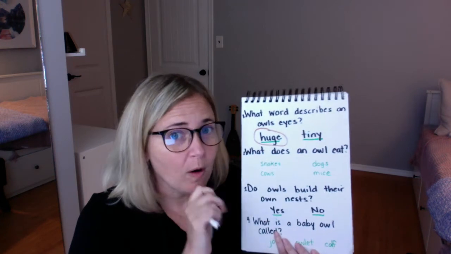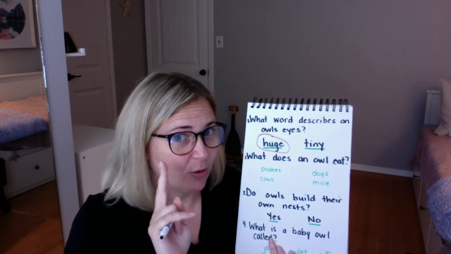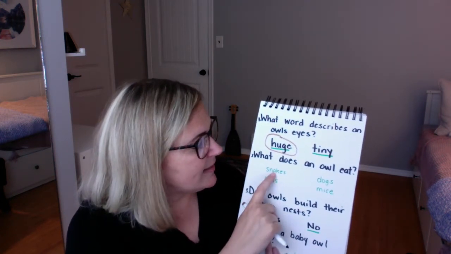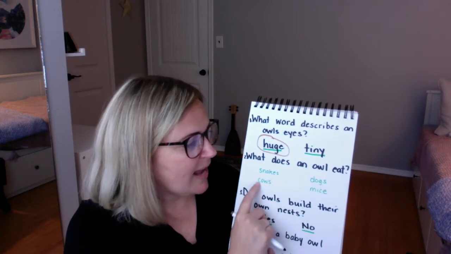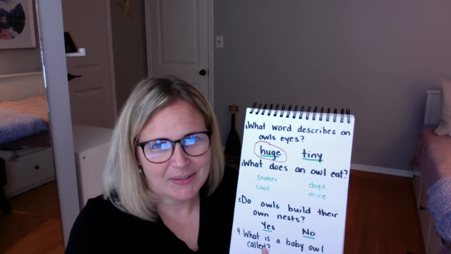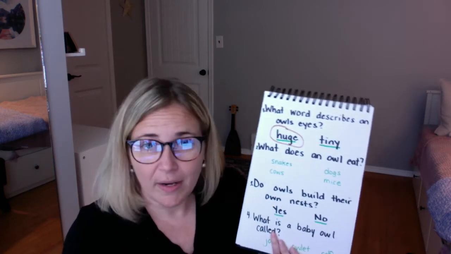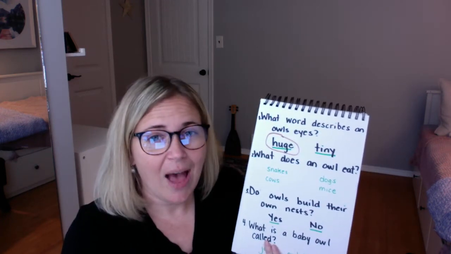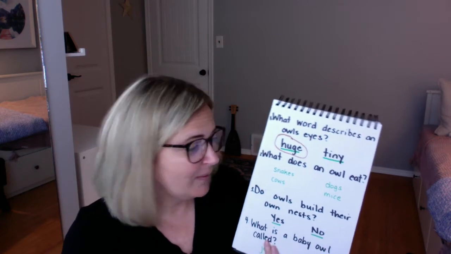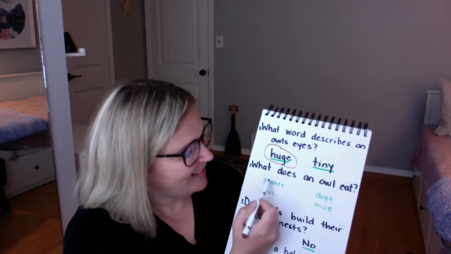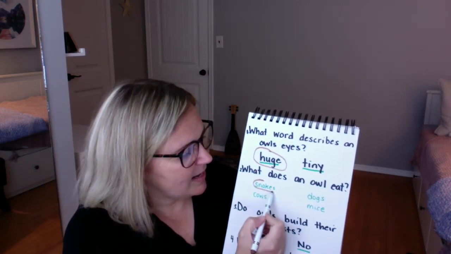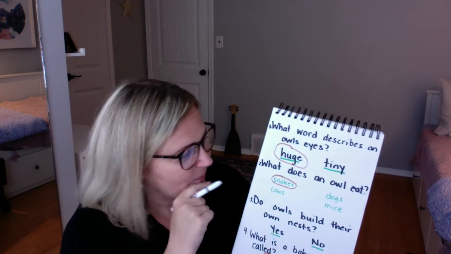Okay, what does an owl eat? So I've got 4 options. 2 of these are right. Do they eat snakes, dogs, cows, or mice? So think about what the story taught us. Let's go one at a time. Did they say owls eat snakes? Yes, they did. Some owls eat snakes. Okay.